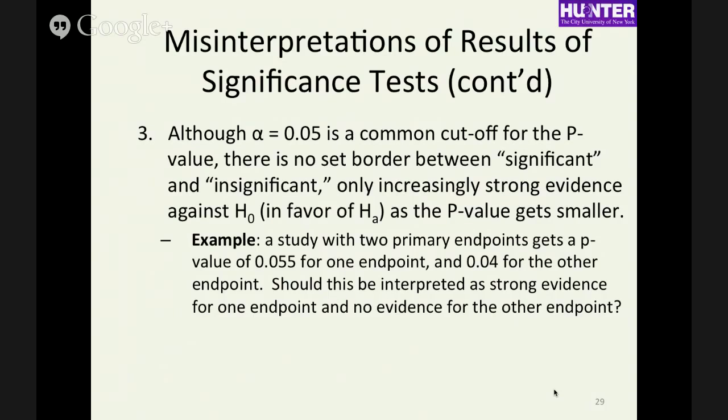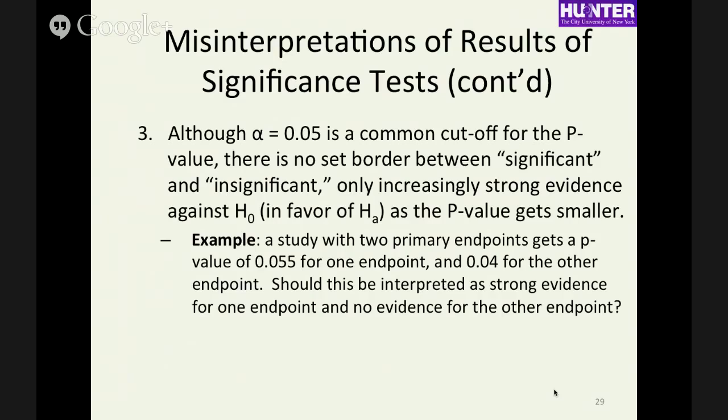And yes, although 0.05 is the common cutoff, it's not a magic value. There's not actually that much difference between a p-value of 0.04 and a p-value of 0.06. One case where this can come up is you often have studies that have more than one endpoint. So you remember that malaria intervention study?